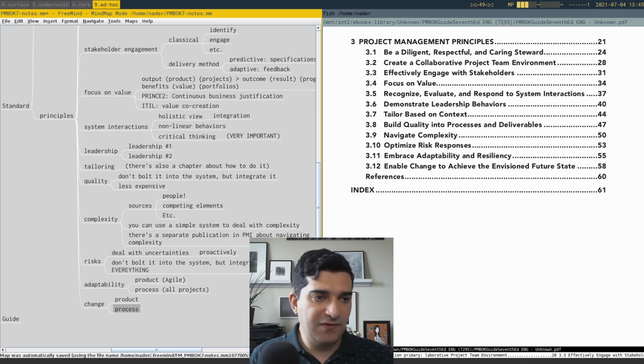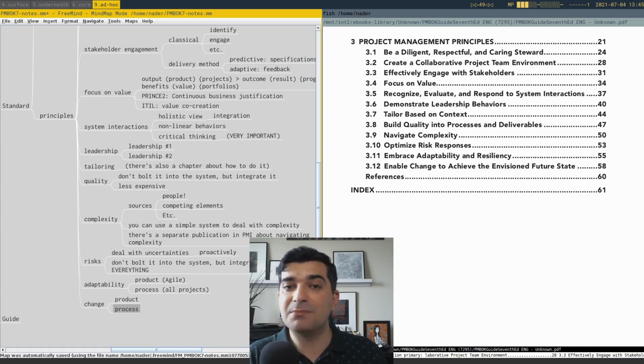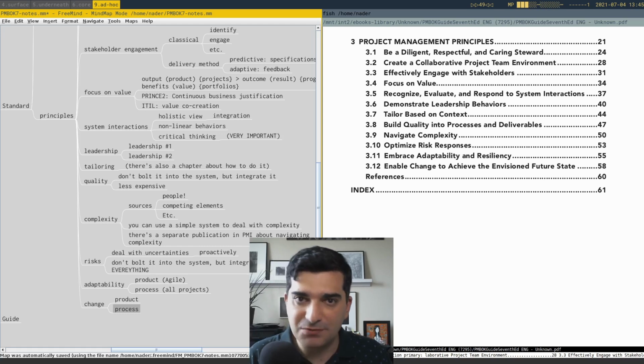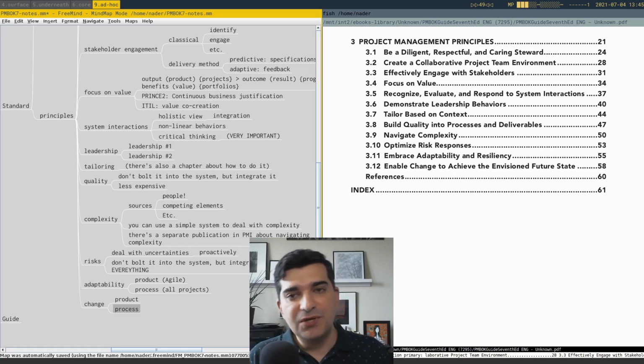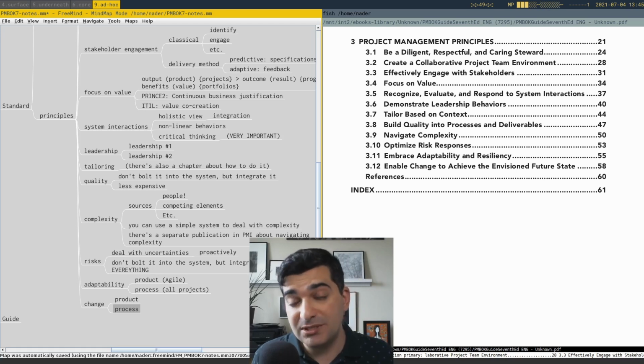For example, when you think about organizational change initiatives, most of them are practically programs and not projects, meaning that you need to use a program management system, not a project management system. And so most of the worries that you may have about changes, about enabling changes, will be taken care of in your program management system. But still, we need to support it in our project management system as well.